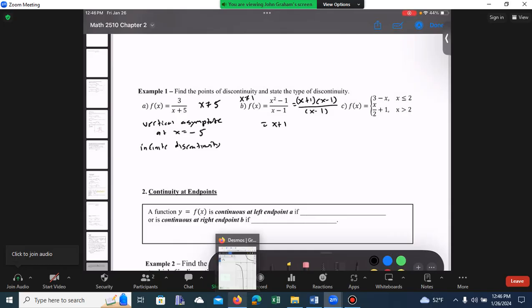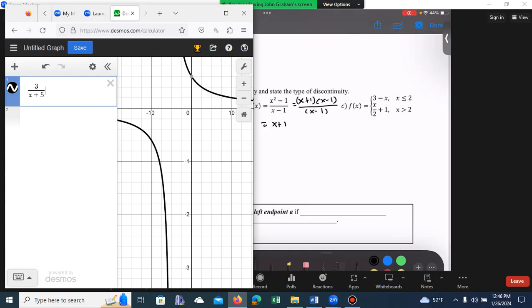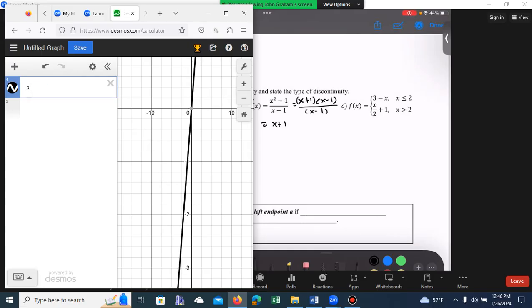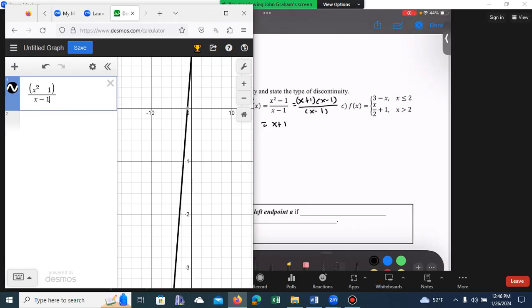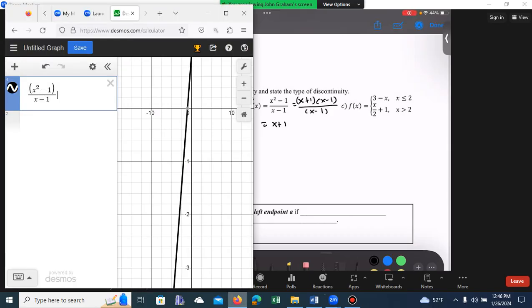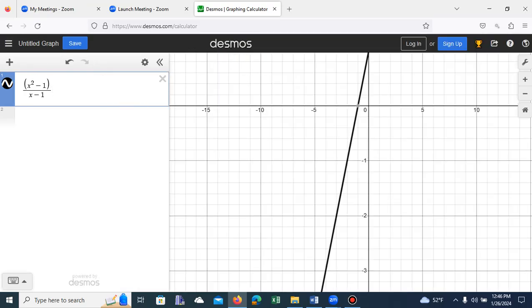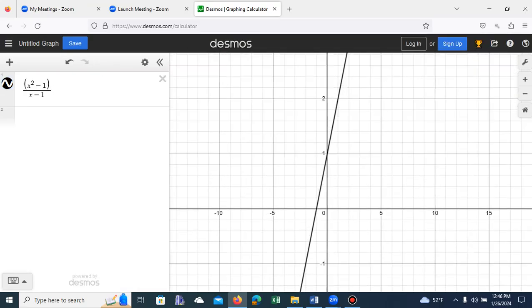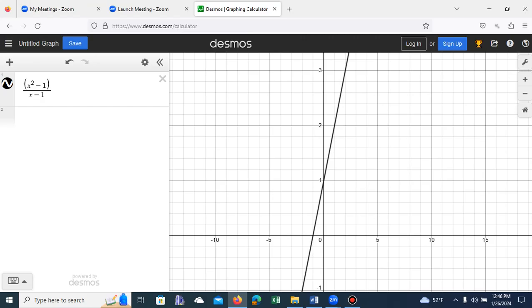If we graph it, we end up seeing that it's just a line, and it looks like it goes through even at point 1.